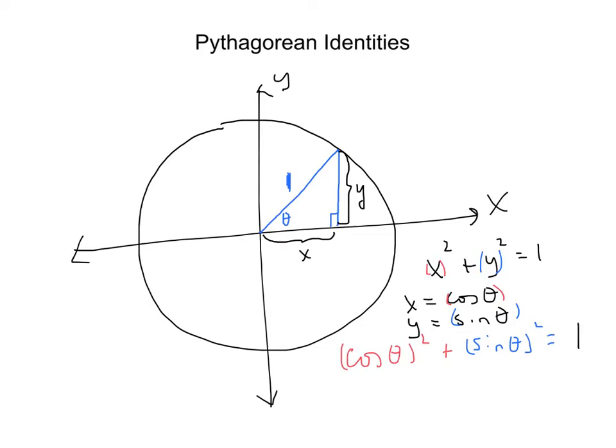Now, we don't actually write it like this. When we square a function, I'm going to reverse the order here. It's going to be sine first, and so rather than writing it in parentheses, squaring it, I write it as the sine squared of theta plus the cos squared of theta equals 1.